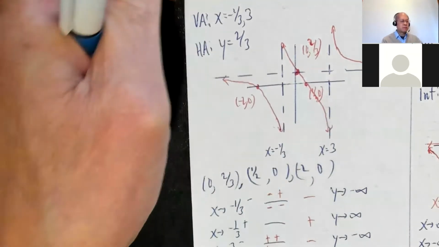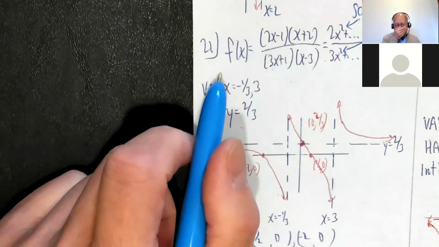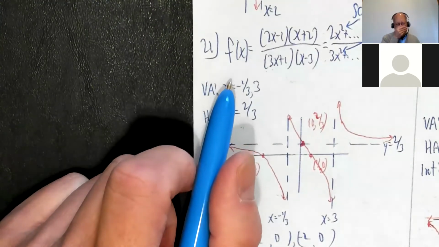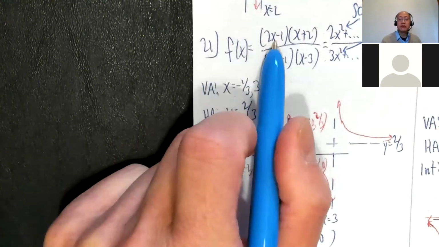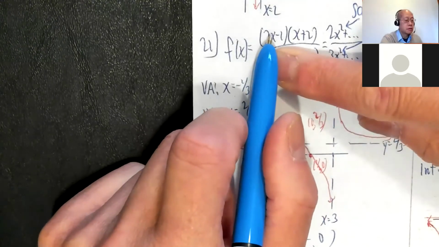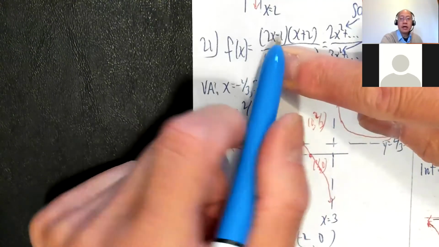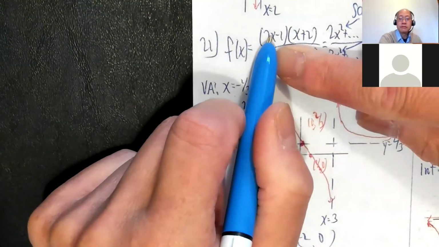X-intercept. Y equals 0. If y equals 0, that means the numerator is 0. A fraction is equal to 0 when the numerator is 0, right?